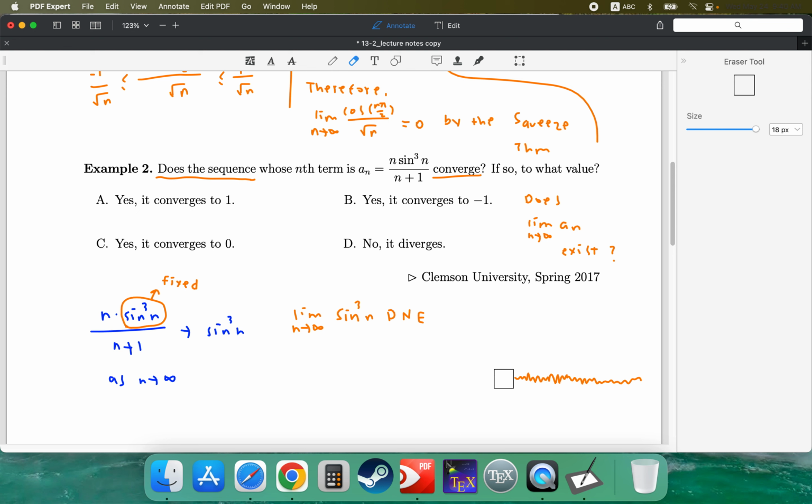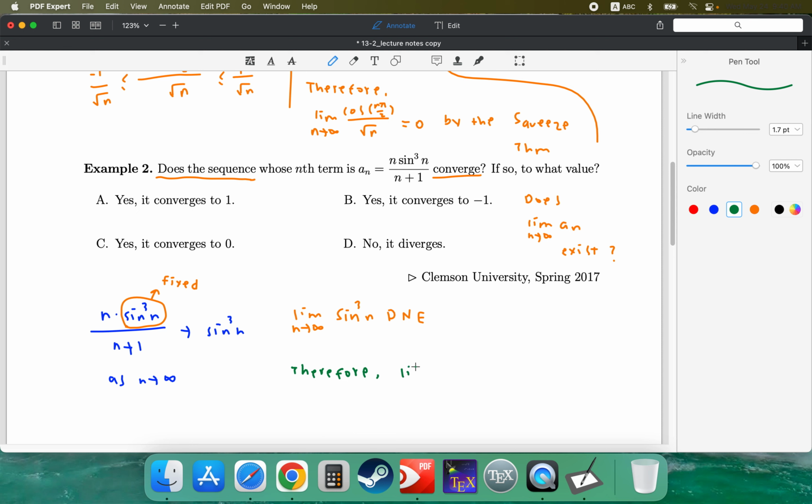Okay, now if you take the limit of this, that should be the same as the limit of sine cube. But we know the limit of sine cube does not exist. Therefore, the limit of n times sine cube over n plus 1 as n goes to infinity does not exist.